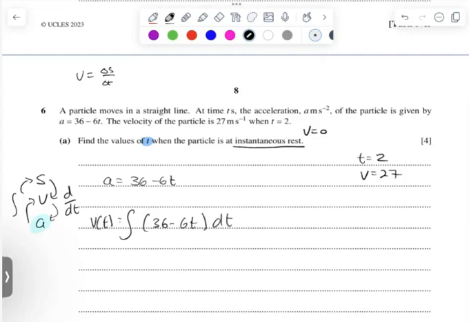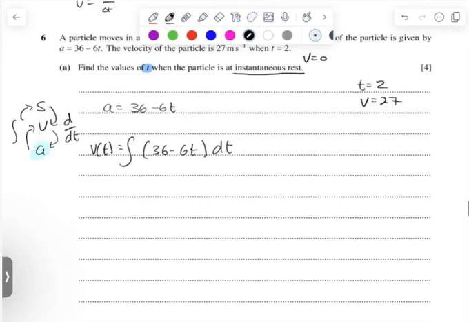So I'm going to do an indefinite integral, and I'm going to have plus c, and I'm going to have to calculate what my c is then. Okay. Now, you've got to be comfortable integrating as well. You've got the upper power divided by the new power. And here it's an indefinite integral, so we just have a plus c.